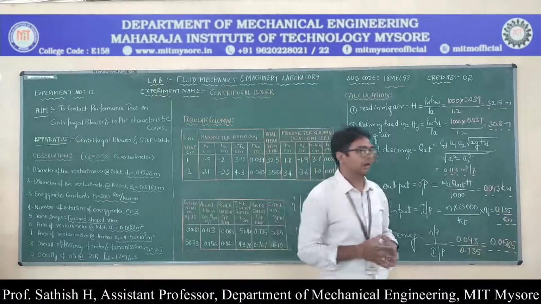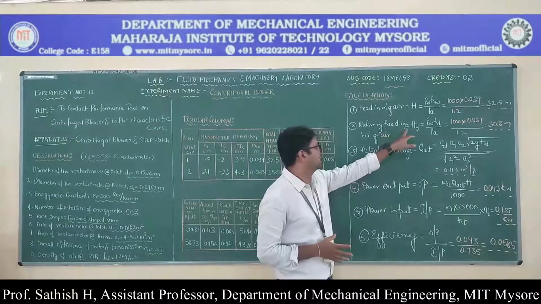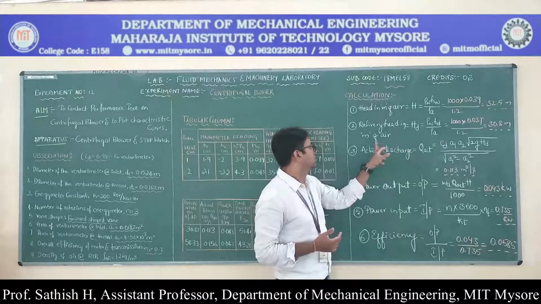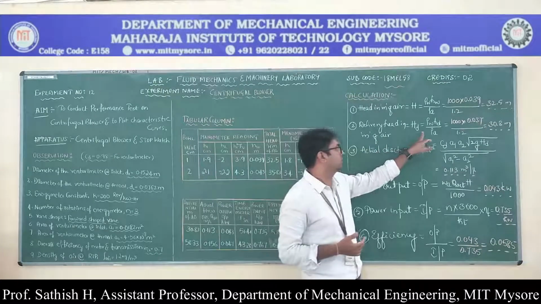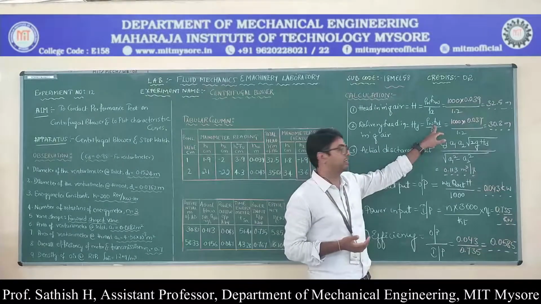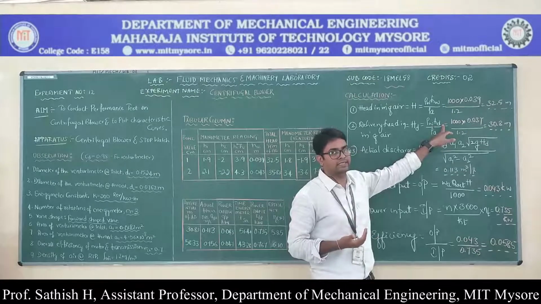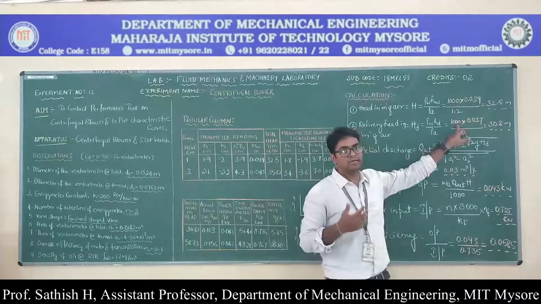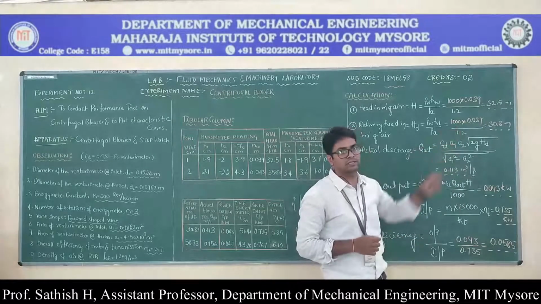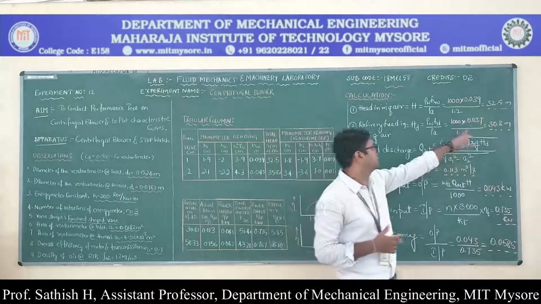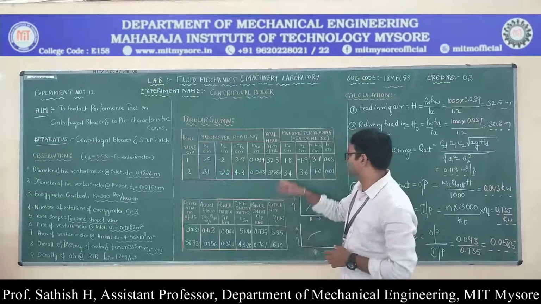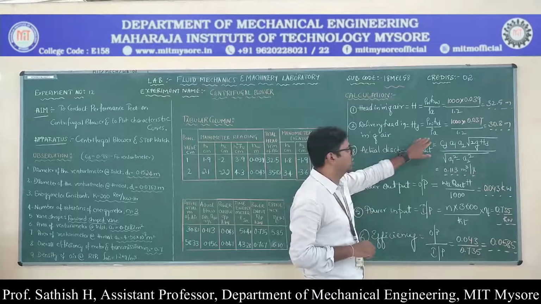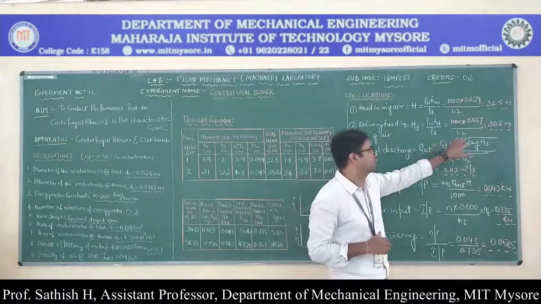So we will go back to the calculation here. The delivery head, we are using this venturimeter to calculate that. In meters of air, HD is equal to rho W, that is the density of the water, multiplied by HD, that is the differential head, and then divided by rho A. As we know, rho W is 1000 kg per meter cube, and 0.037 is the HD that we get from this tabular column here, and then divided by rho A, the density of the air, which is equal to 1.2.